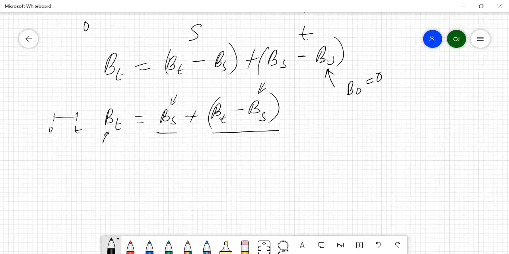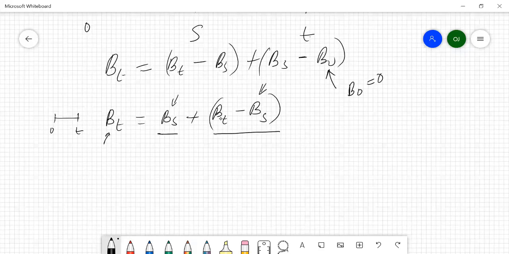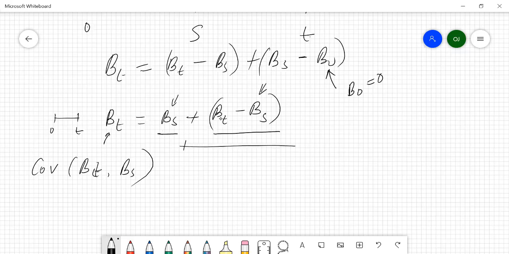Now, we can look at the covariance of BT and BS. Remember, BT and BS, we are referring to covariance. If there is a covariance between this, 0, this is S, this is T, if there's a covariance between this range here and that range. Of course, there should be some covariance because one is inside the other.